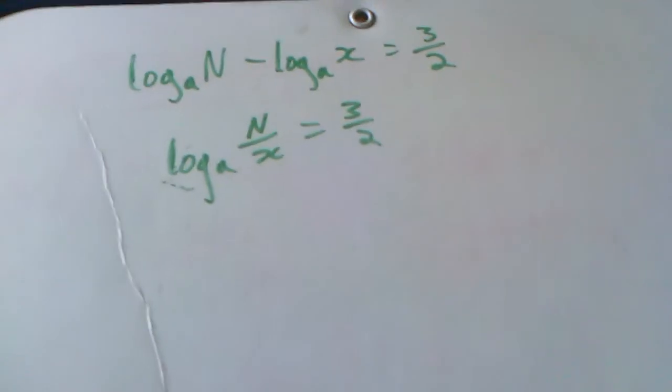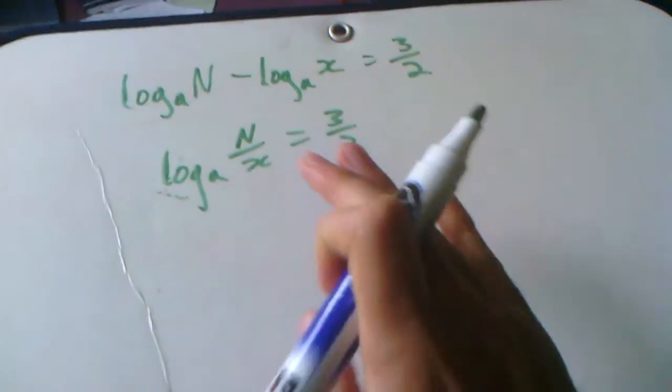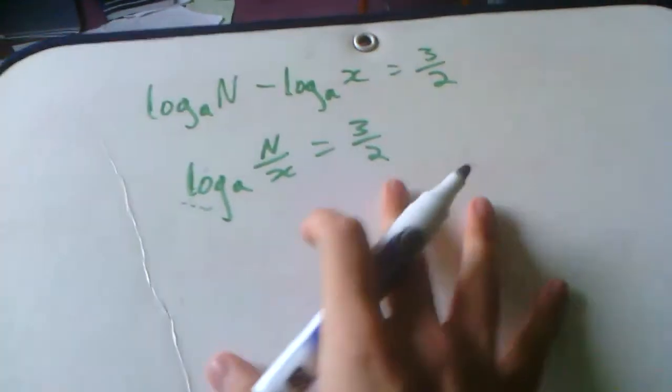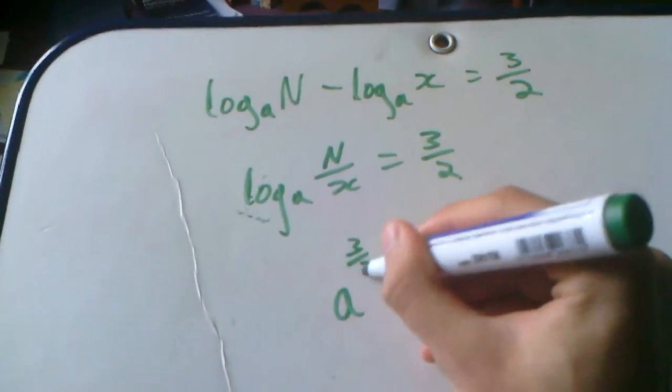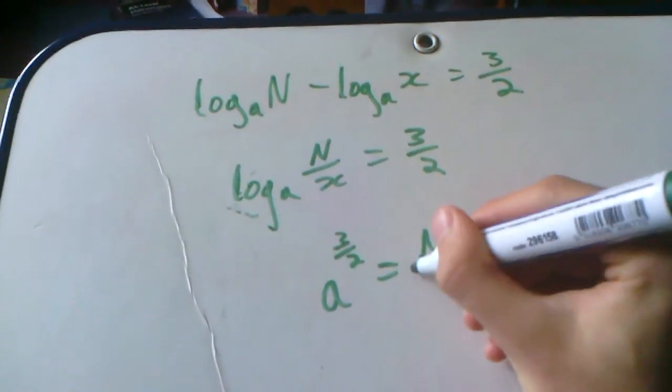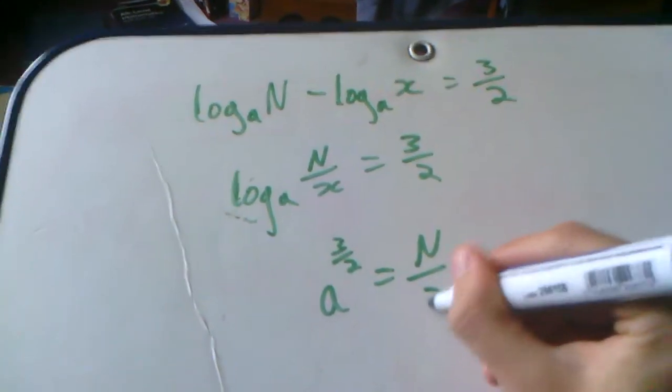Now, we can express this in a way not involving logs by making n over x the subject. Because if we know what this means, we can say that a to the 3 over 2 is equal to n over x.